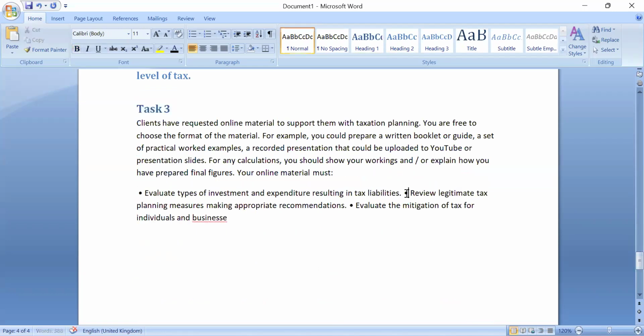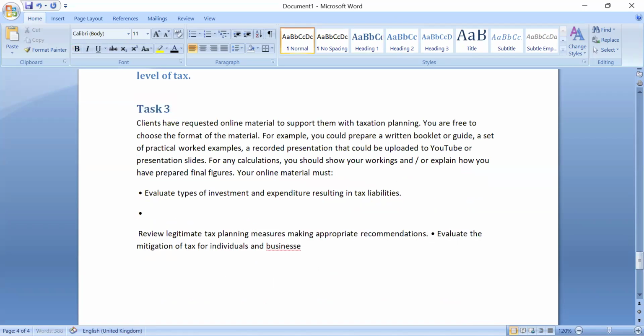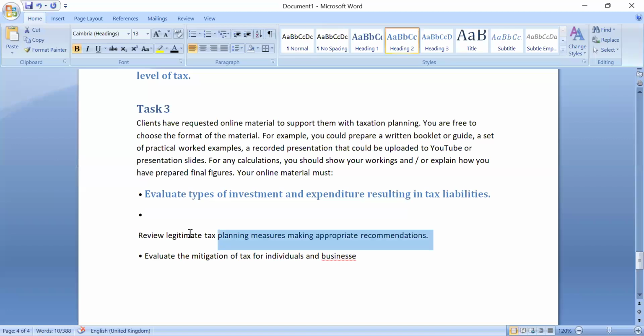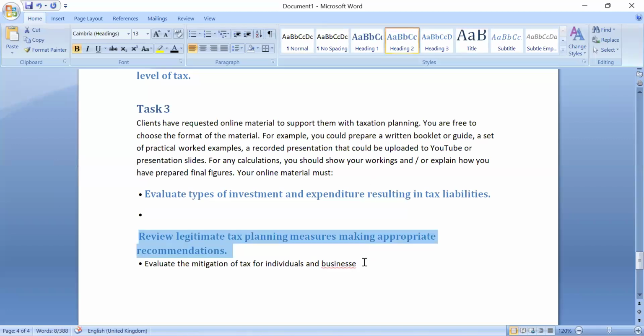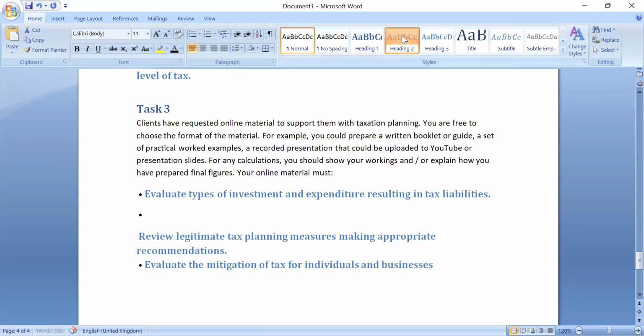I can remove that. So that's my bullet point, my subheading for this task. Okay, now that's all been done.